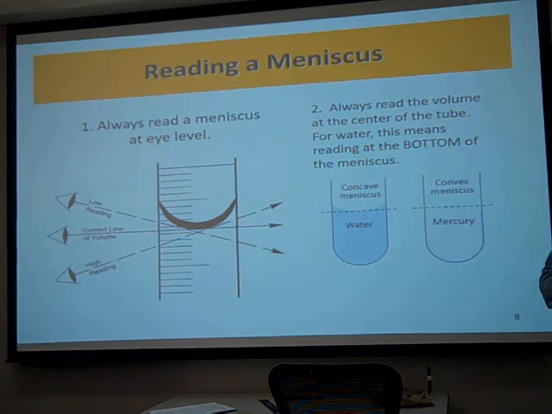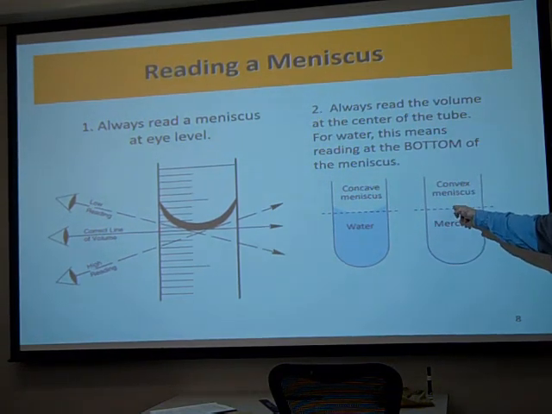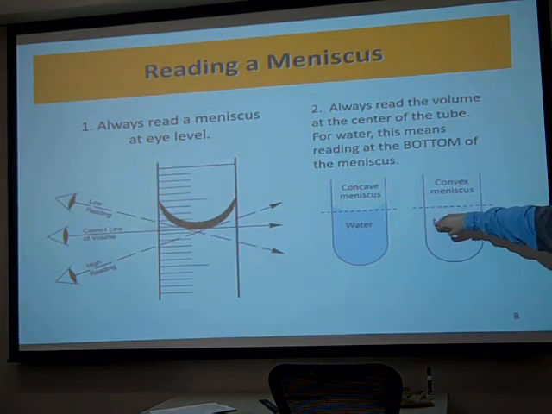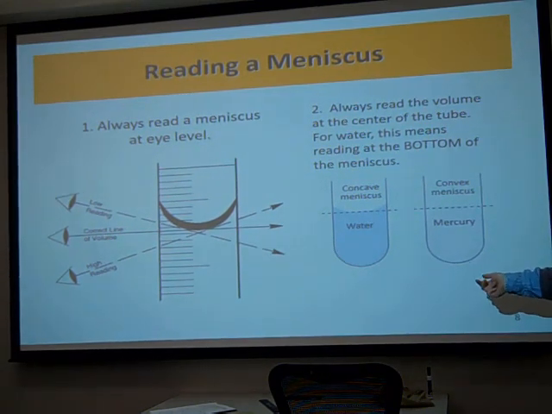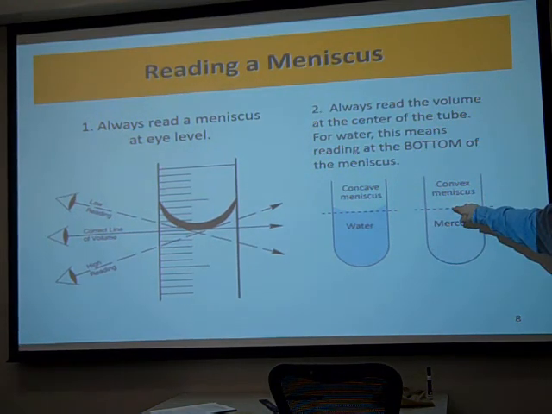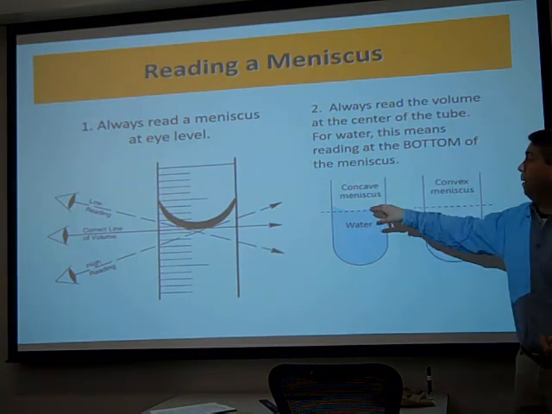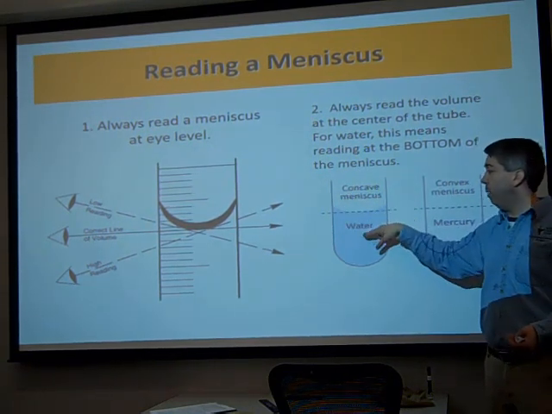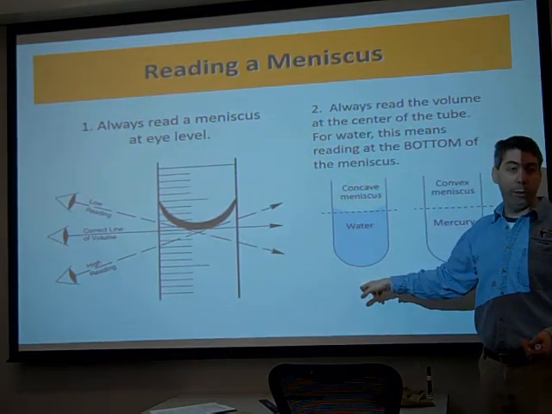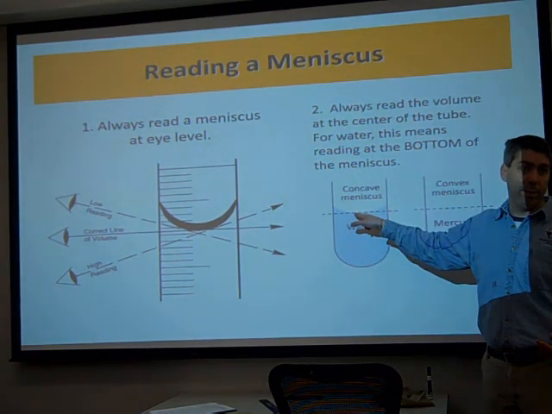You always measure from the center of the tube, where the level is. So in a convex meniscus, like mercury in a thermometer, you measure from the top of the meniscus, from the middle of the thermometer. For a concave meniscus, where it dips down like water, you measure from the middle of the tube, likewise, but that's going to be the bottom of this type of meniscus.